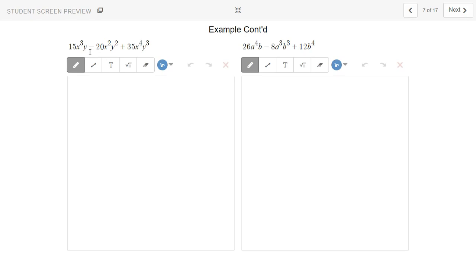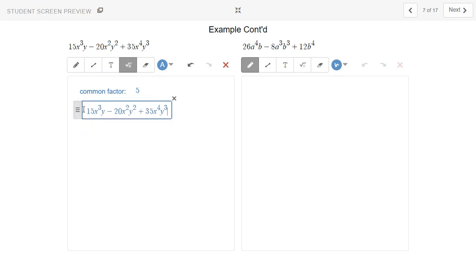Two more examples. These are a little bit more complicated now because we've got a lot more variables. So looking at just the coefficients here, we know that the 5 is the number that's common to all 3 terms. But now let's look at the variables.